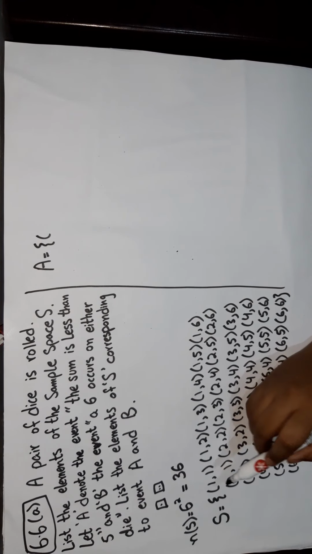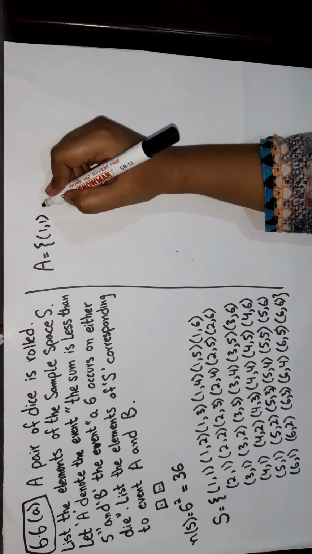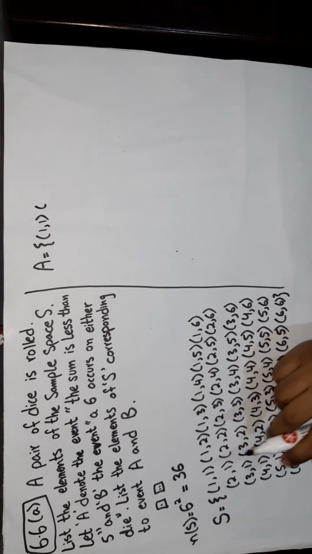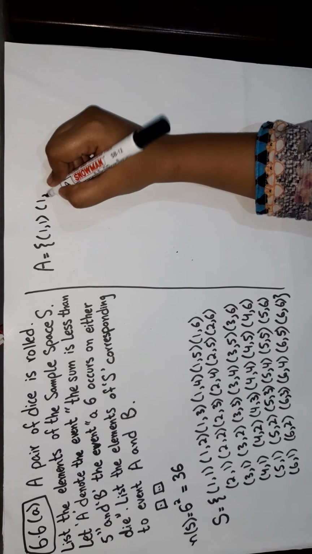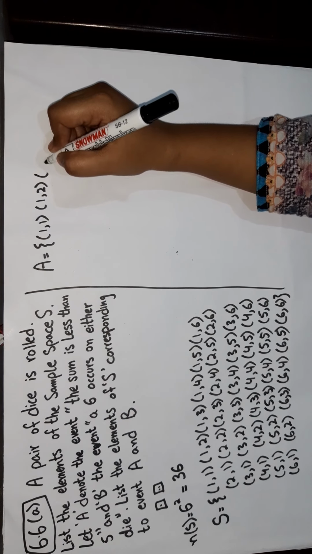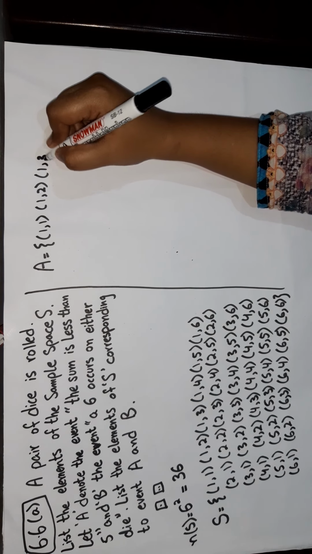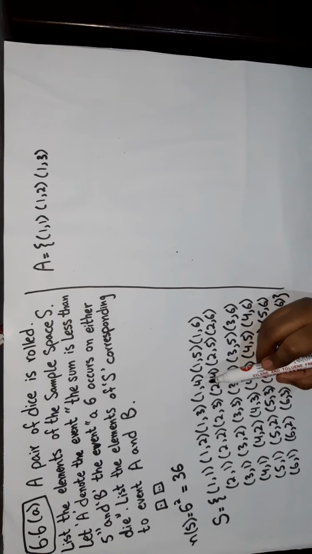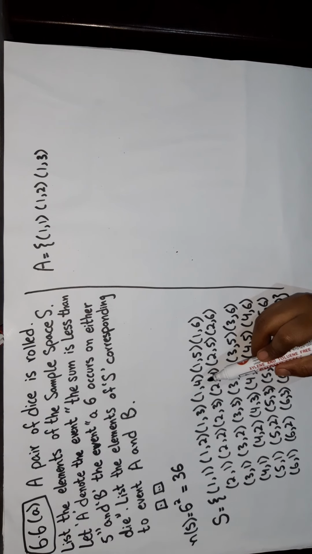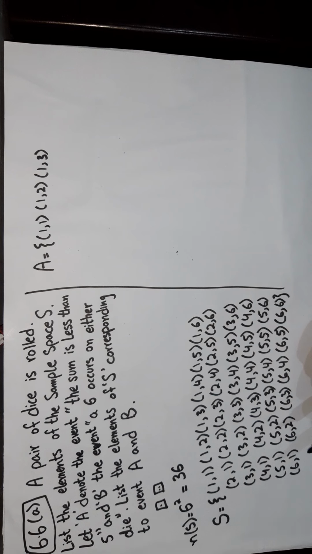So 1 plus 1 is 2, which is less than 5, so we write it in A. 1 plus 2 is 3, which is again less than 5. Then 1 plus 3 is 4, which is again less than 5. But 1 plus 4 is 5, which is equal to 5 but not less than 5, so we don't include this, and so on. We cannot include these 3 items.